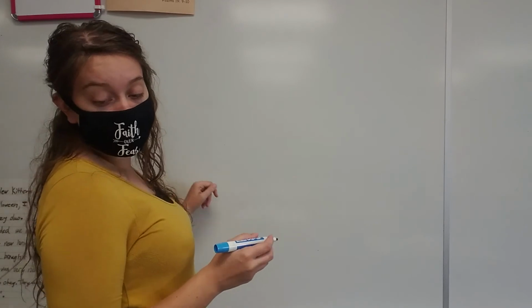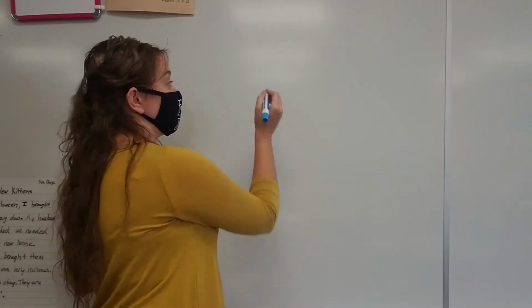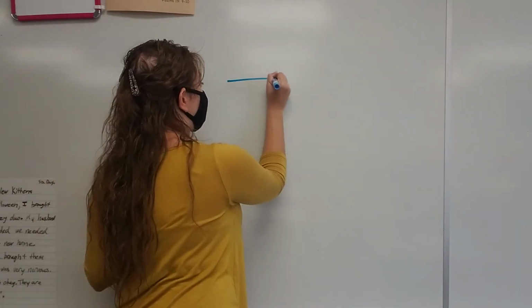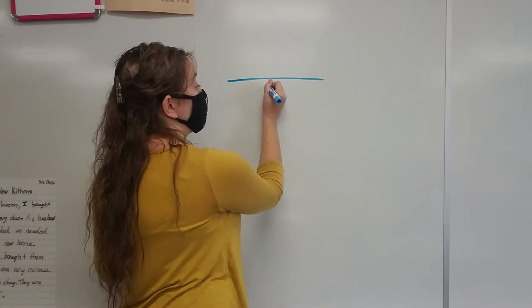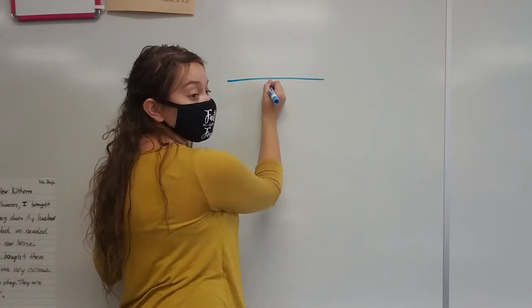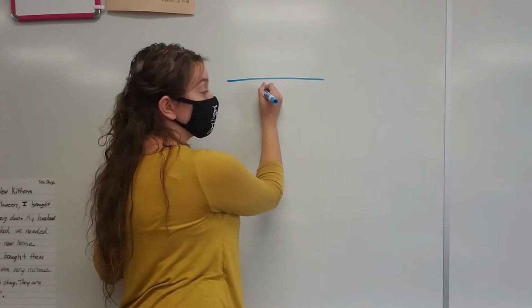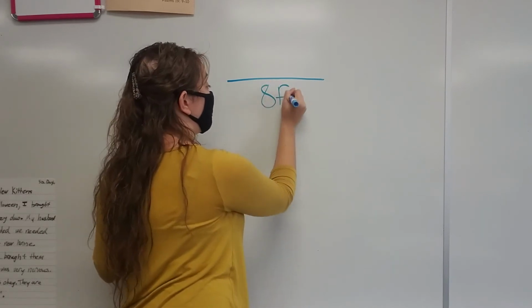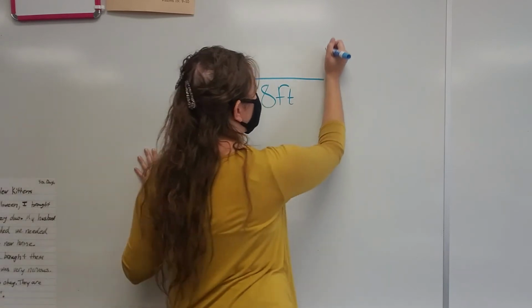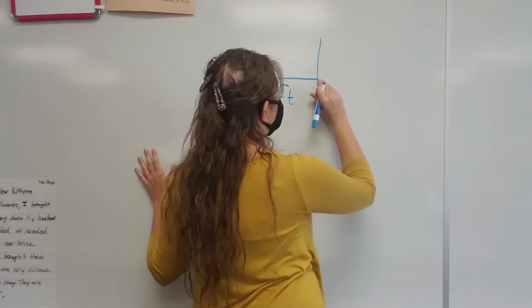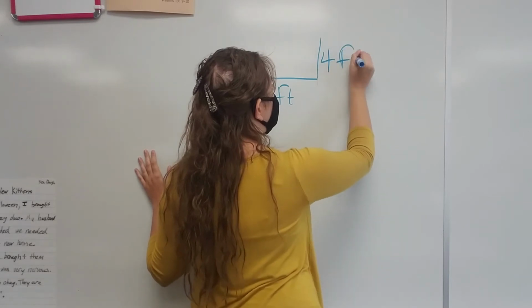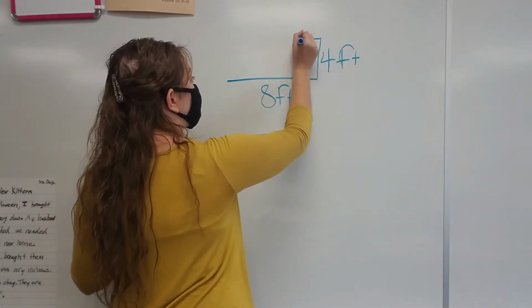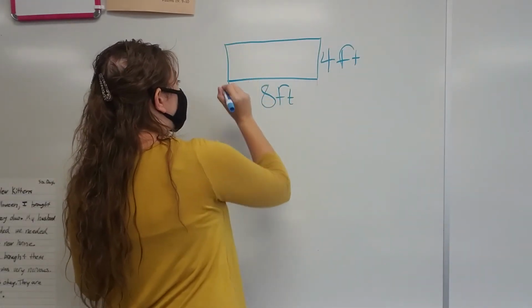So, he wants the length, so the long ways at the bottom, the length to be how long? Bella? 8. 8 feet. And what's my width? Grace? 4 feet. Now, I need to make the rest of my garden, okay?